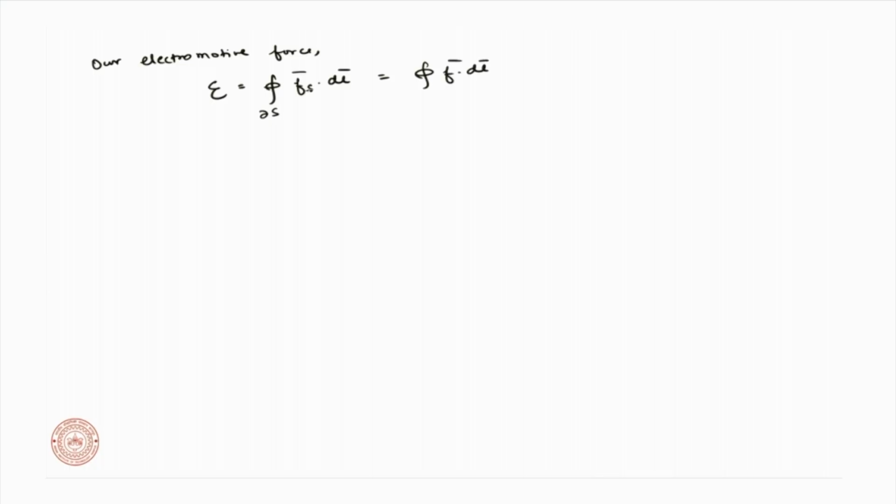Now, F is equal to Fs because the integral over a closed loop for an electrostatic system is equal to 0, or del cross E is equal to 0 for an electrostatic system. Okay. So, here E is our electromotive force or our EMF for the circuit.